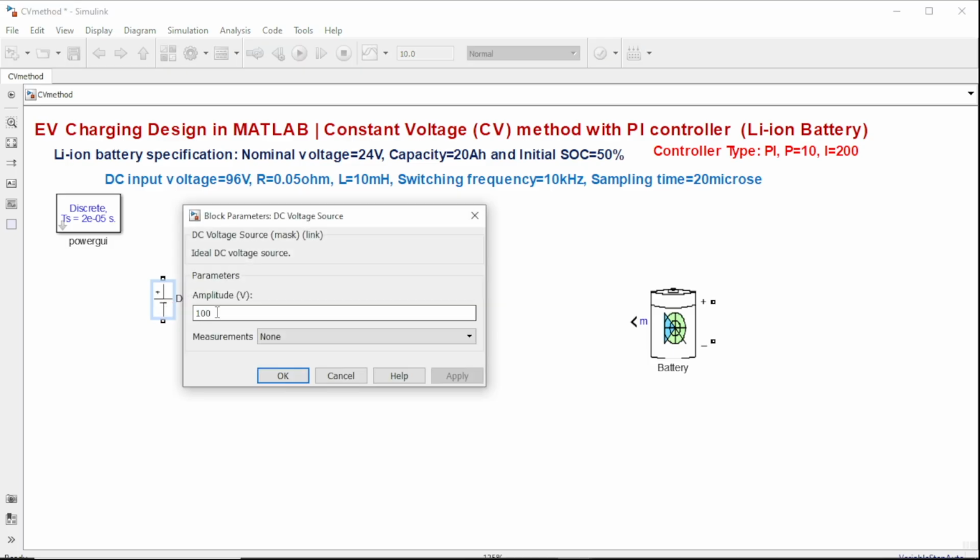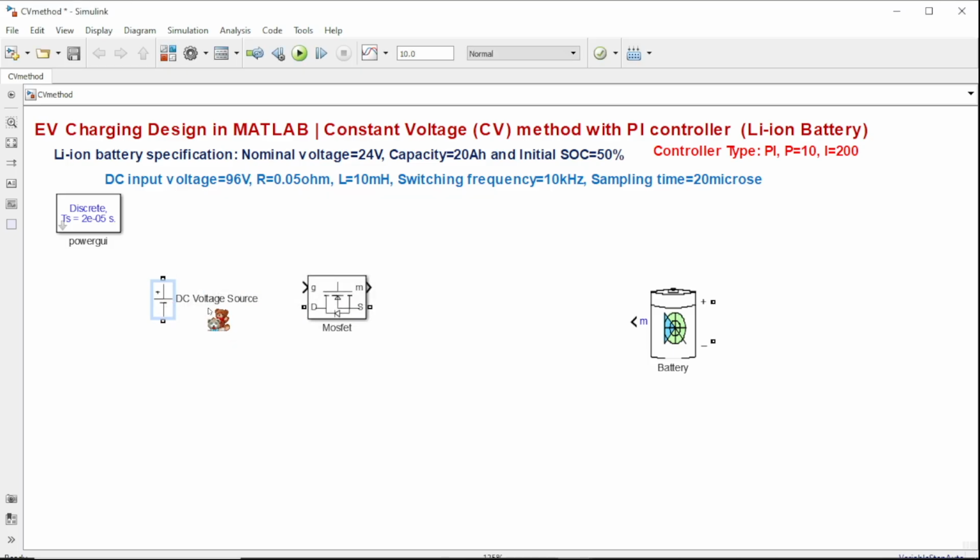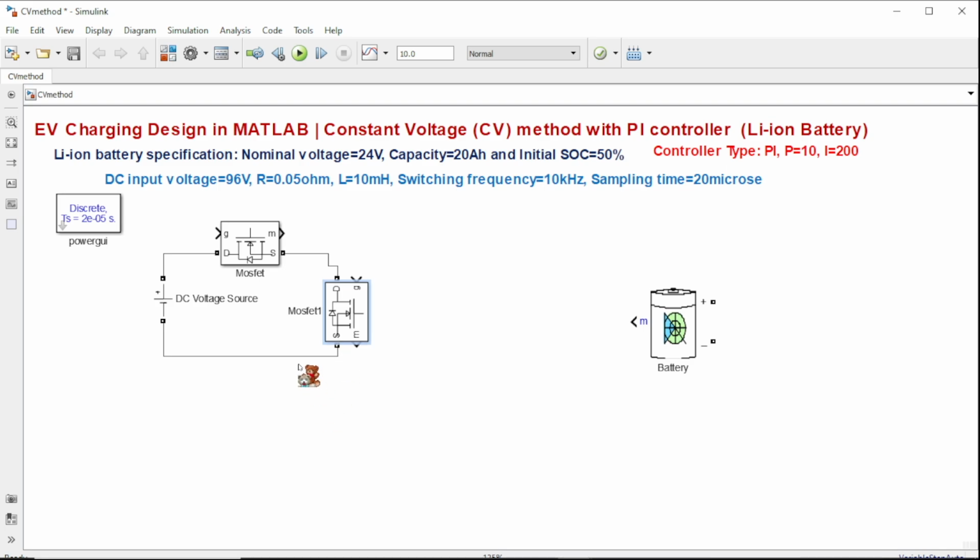Here I am taking the 96 DC voltage and now connected the MOSFET. So I am connecting the positive to drain, source to drain, and this negative portion is connected to the source.